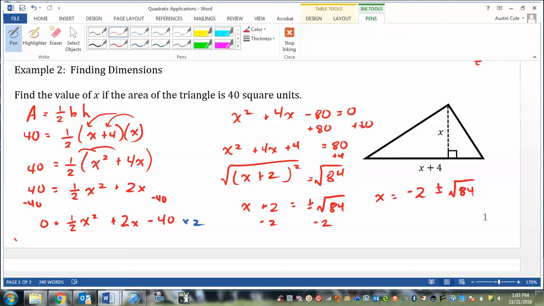Now, watch this. I know if I take negative 2 minus any number, what kind of number am I going to get? Negative. Can I have a negative value for x here? No. So I'm not going to worry about that either. So I'm just going to take negative 2 plus the square root of 84, and that'll be my answer.